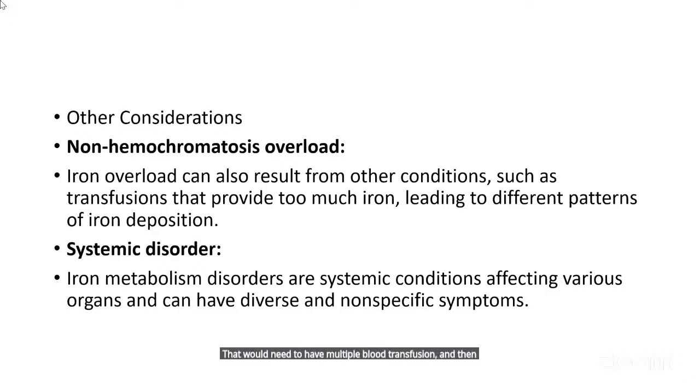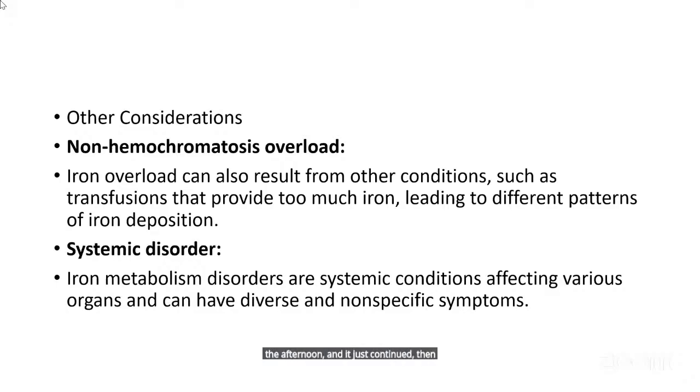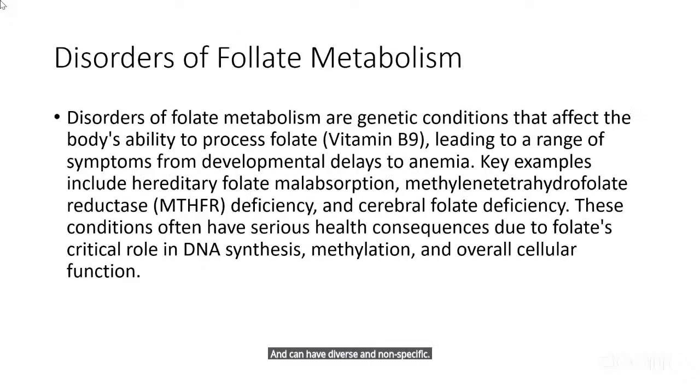They transfuse in the morning, transfuse in the afternoon, and they just continue. Then that is going to accumulate iron, which will lead to iron deposition. Now, systemic disorder. Iron metabolism disorders are systemic conditions affecting various organs and can have diverse and non-specific symptoms.